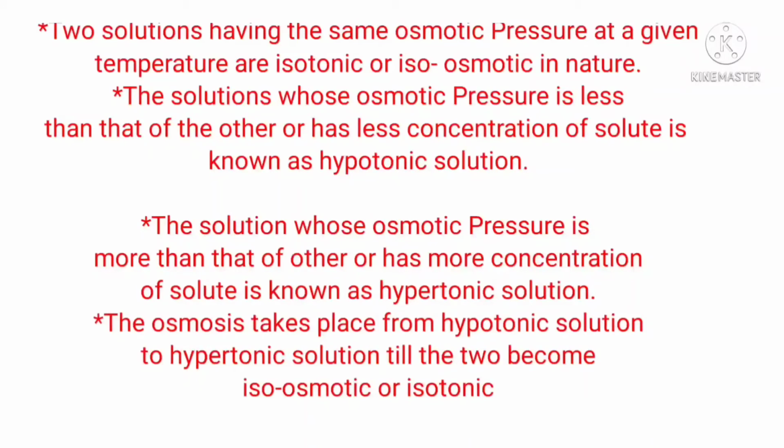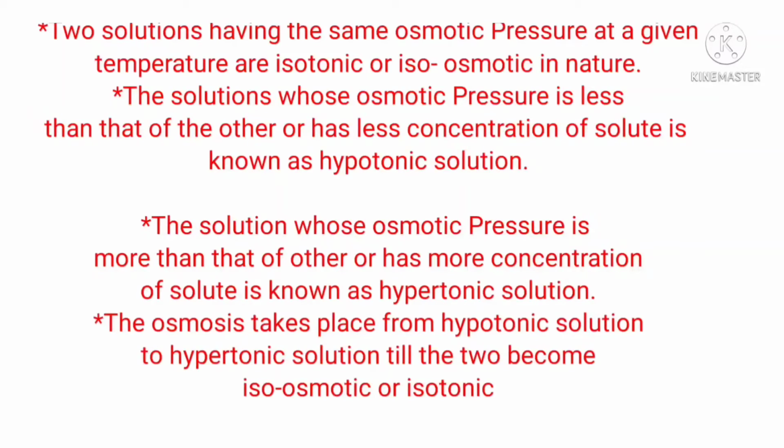From this, we can conclude that two solutions having the same osmotic pressure at a given temperature are isotonic or isoosmotic in nature. The solutions whose osmotic pressure is less than that of the other, or which have less concentration of solute, are known as hypotonic solutions.